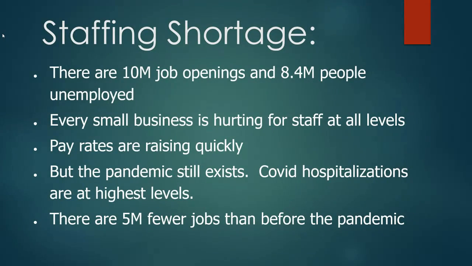But the issue, of course, is that the pandemic still exists. COVID hospitalizations are at the highest levels they've been since last January. We're starting to see elective surgeries in most states be put on hold again, like we did last year. The rates of people catching COVID are higher and higher.